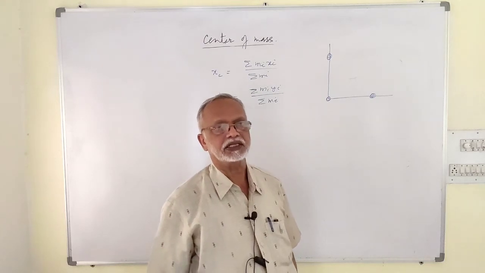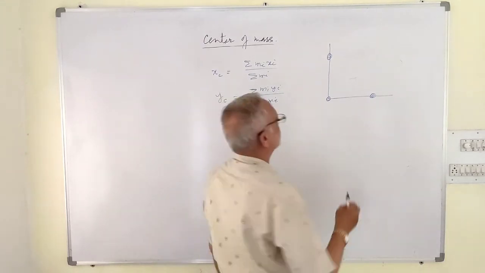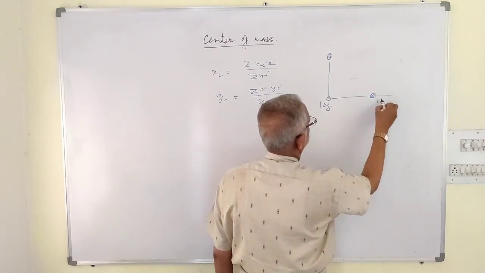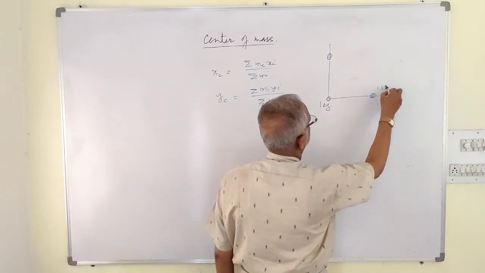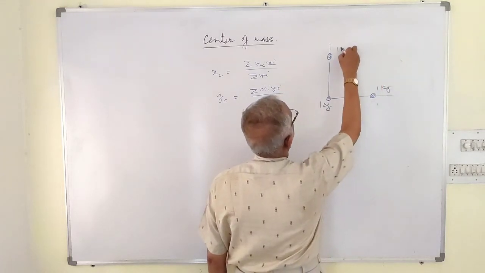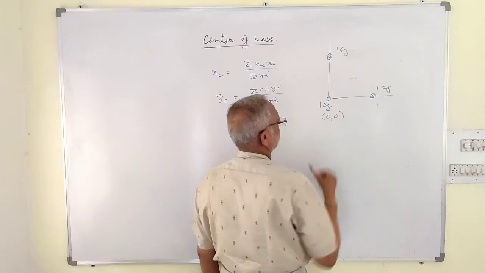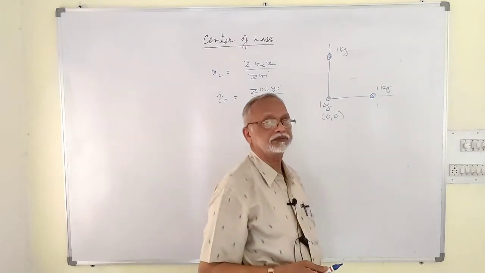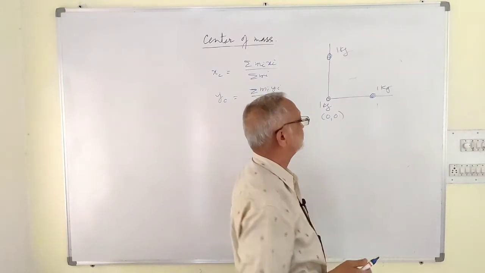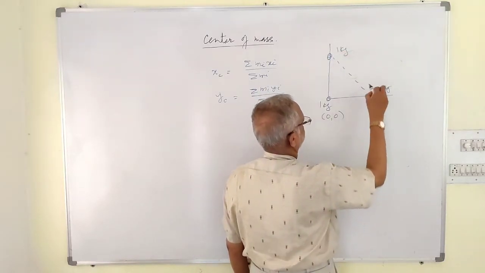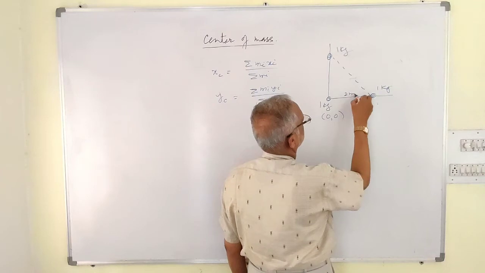First let us consider that they have got same mass. Suppose each having mass 1 kg. One body is at the origin, its coordinates will be 0, 0. Suppose they form a triangle of side 2 meter.